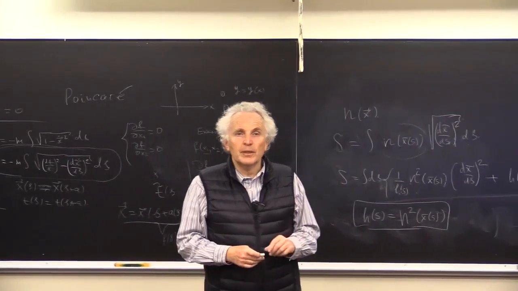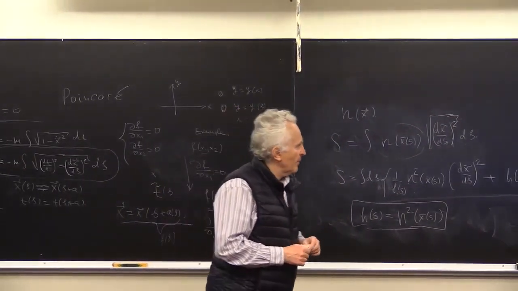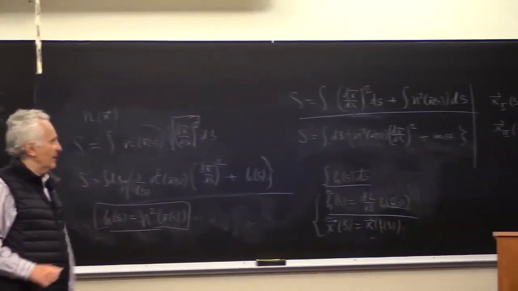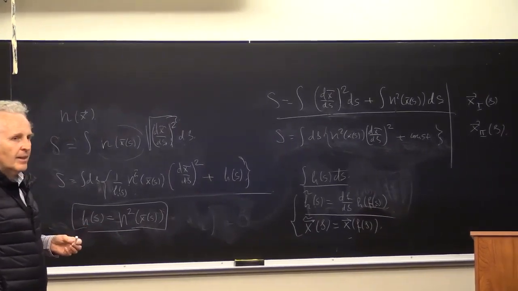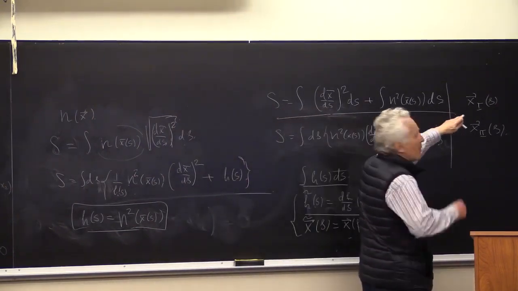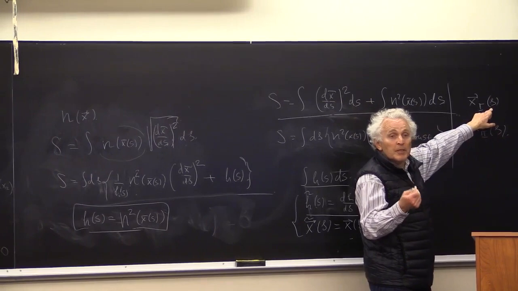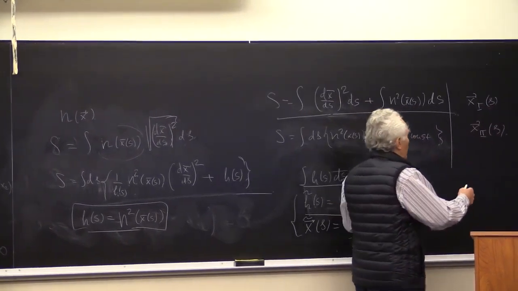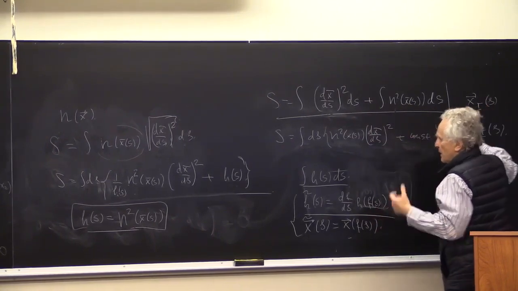I'm asking you a question: how will they be related? What do you think? Why am I saying that they describe the same physics? It's because, you see, they will describe the same curve. They will be just two different parameterizations of the same curve. That's the key point, that parameterizations don't have to coincide.